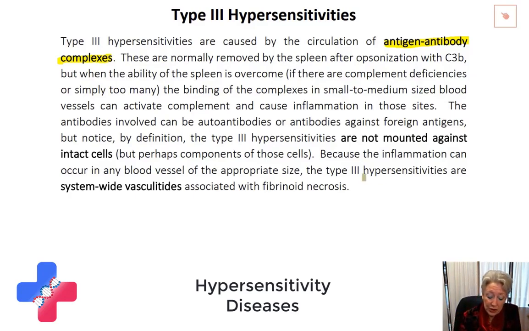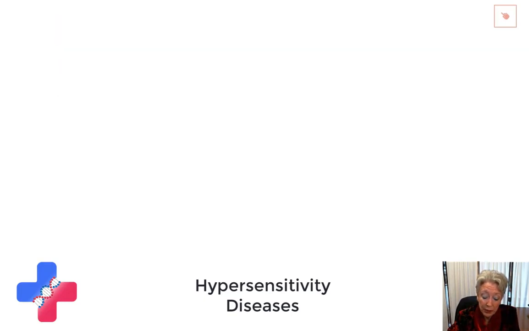These result in system-wide vasculitides because when my spleen is overwhelmed and unable to remove complexes from the blood anymore, then those complexes will bind to small and medium-sized blood vessels, activate complement, and I will get system-wide fibrinoid necrosis any place that I have got those immune complexes binding.